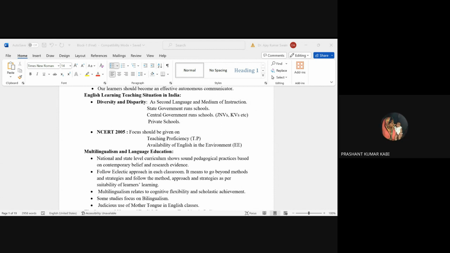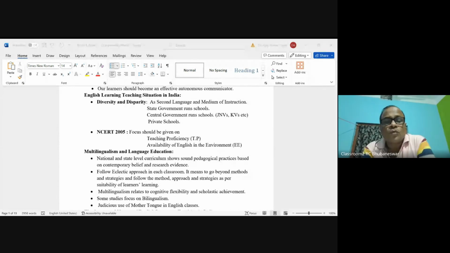Yes, sir. Okay. So it means to go beyond fixed methods and strategies and follow the method, approach and strategy as per the suitability of learners' learning. Just as I told you, as per the need of the learner, we have to follow a variety of methods and techniques. So a specific method cannot be fixed to teach the learners, because our objective is how our students achieve the learning outcome.